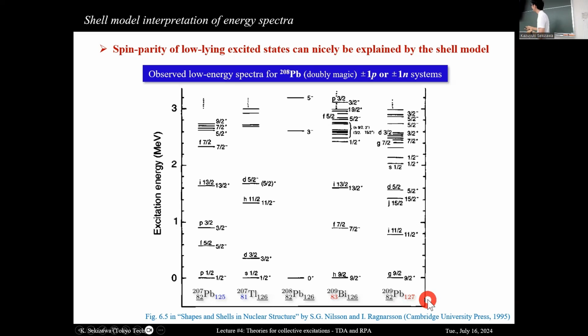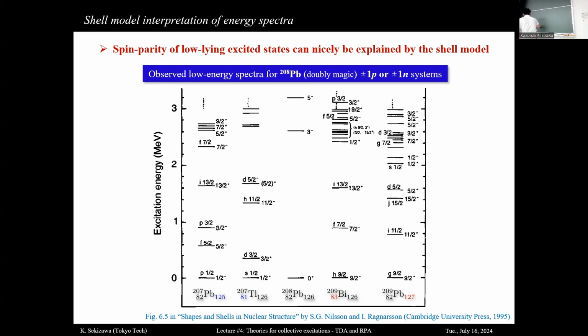Now I will draw a bit about the shell structure to explain how it works to explain these excitation spectra. Let me begin with a naive textbook example.